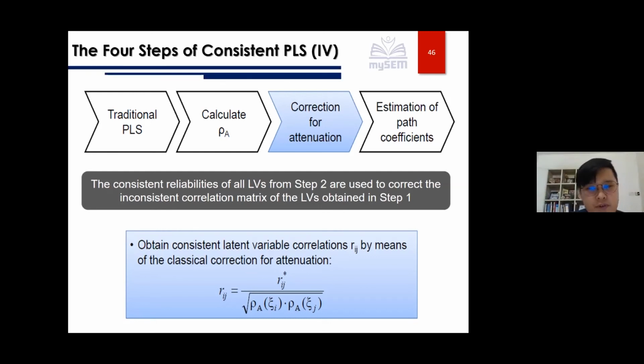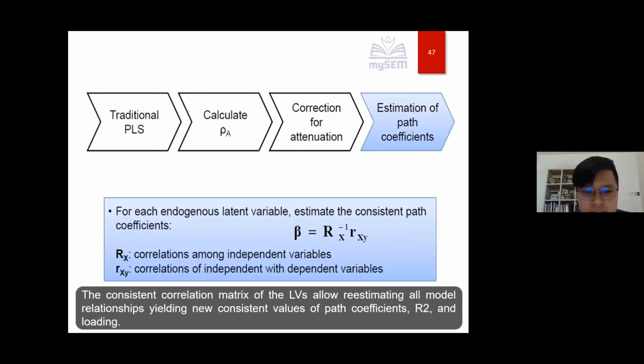And then we move into the fourth step itself. In the fourth step, the consistent correlation matrix of the latent variable scores allows re-estimating all model relationships, yielding new consistent values of path coefficient, R squared, as well as loading.